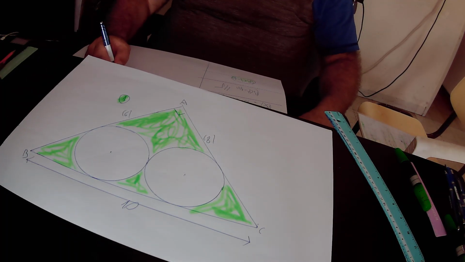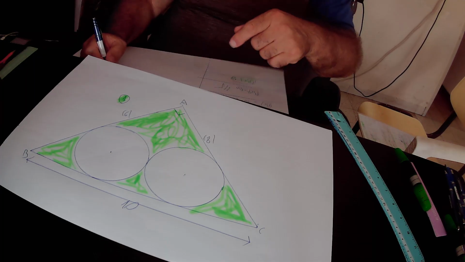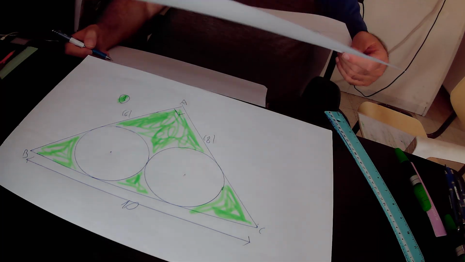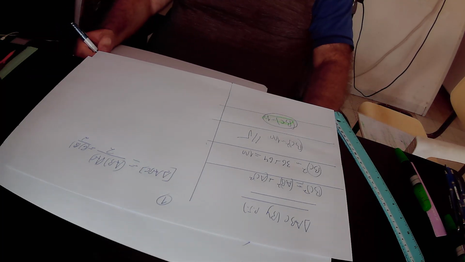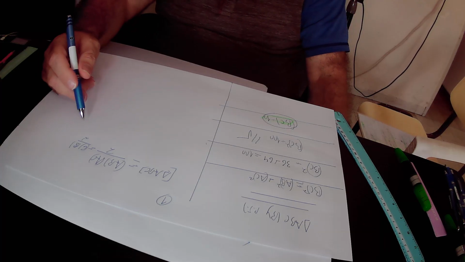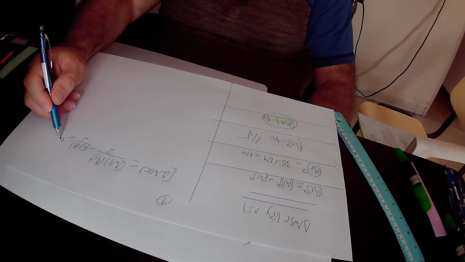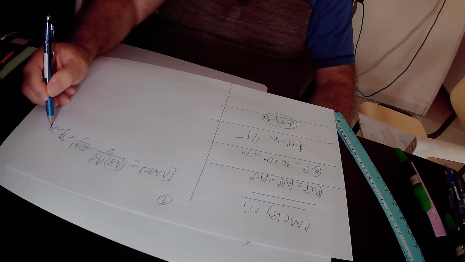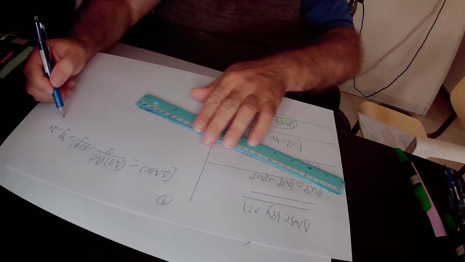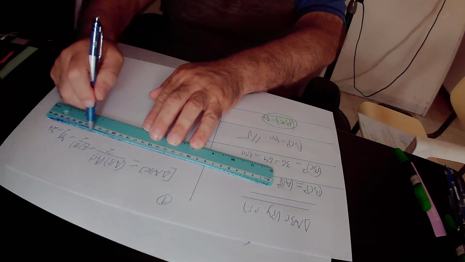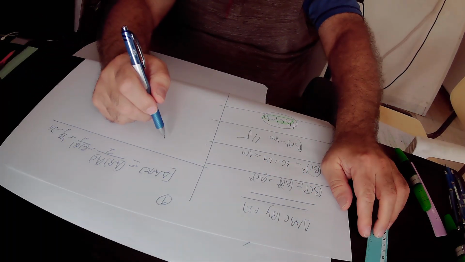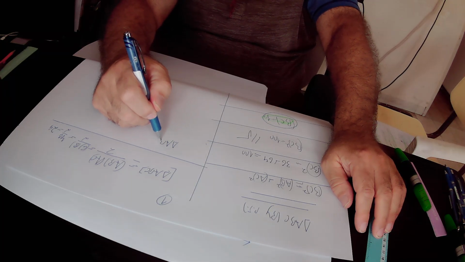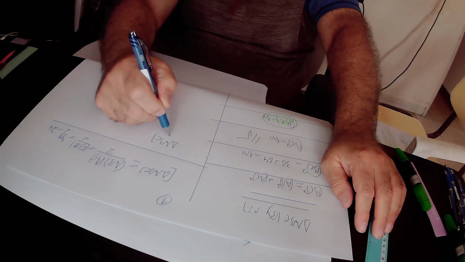AB is 6, AC is 8, over 2. So 6 times 8 is 48, over 2 is 24. We found that the area of triangle ABC is 24 square units.